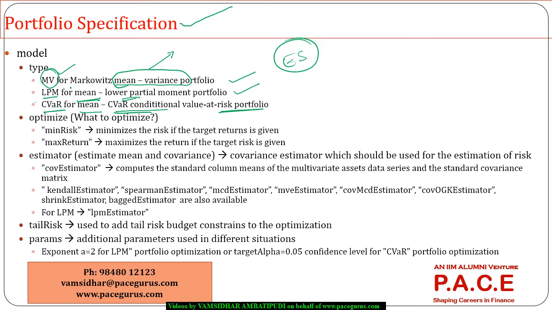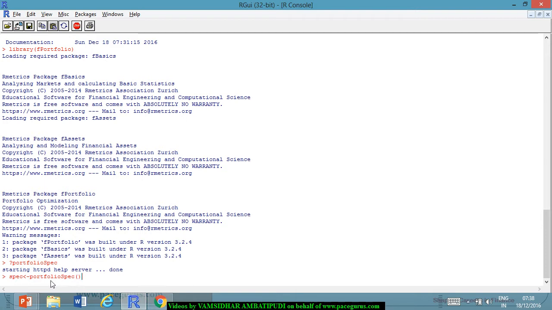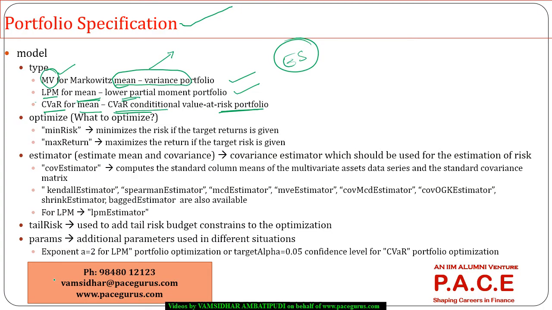So that's one. When I'm saying spec equal to portfolioSpec, basically the first thing is I'm accepting the default itself. Here we have seen that the default type is the mean variance Markowitz portfolio, but if I have to change it, then I have a few ways of making the change.